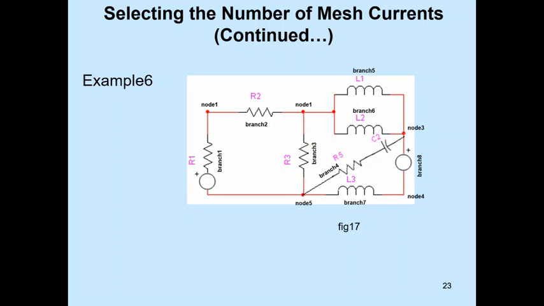And R3, that is branch 3, branch 4 and branch 7 are connected. Branch 1 is also connected at node 5.